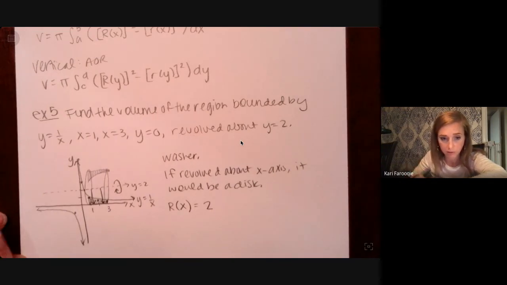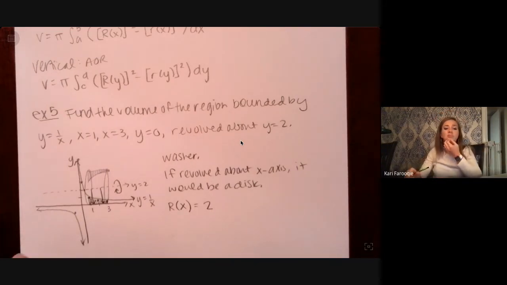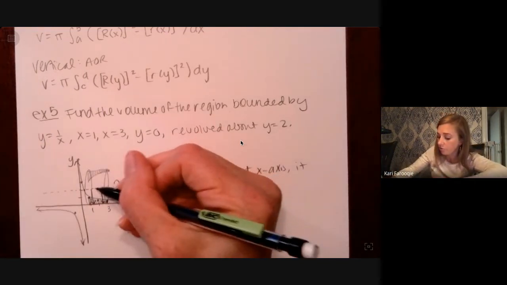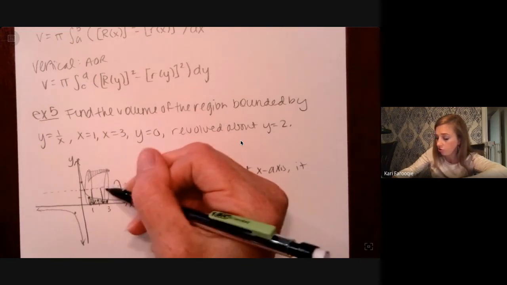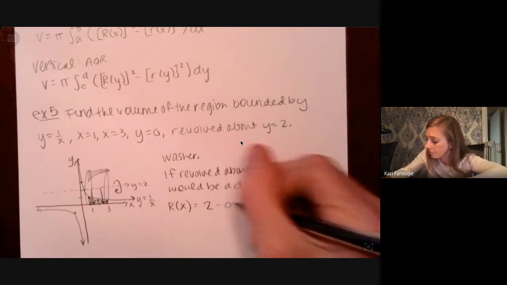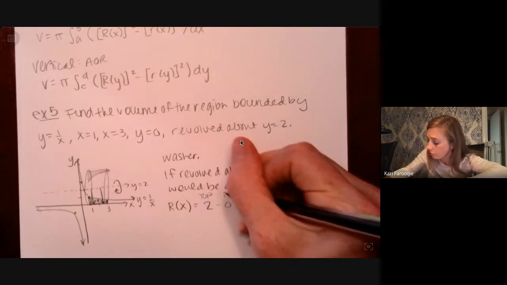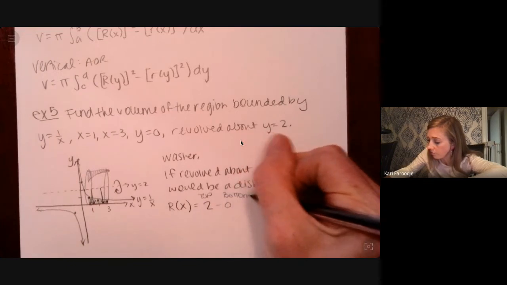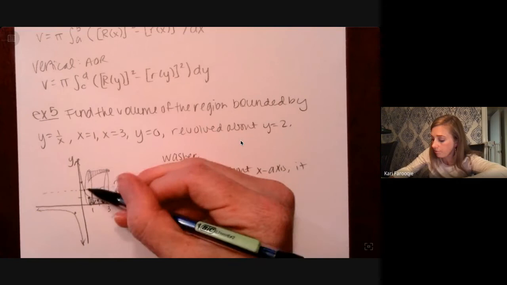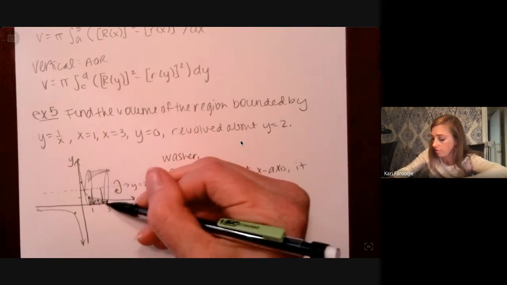That's fine. No big deal. If you're thinking about this in terms of top minus bottom, the top is going to be your axis of revolution, which is 2. And the bottom is going to be the x-axis, which is y equals 0. So you would think about it as 2 minus 0 if you were thinking about the outer radius as top minus bottom.